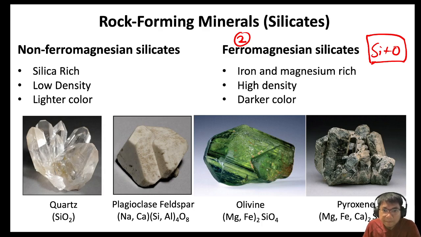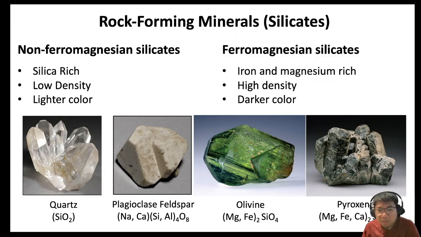For example, they have iron and magnesium as well, so ferromagnesian silicates are rich in iron and magnesium. Because of those additional metal elements, the mineral is a bit denser than non-ferromagnesian silicates, and the color is also a bit darker.